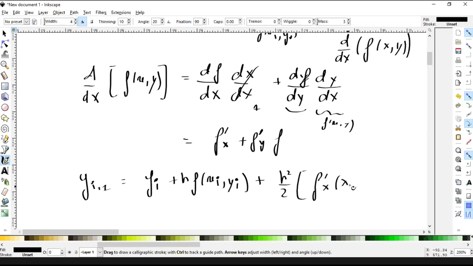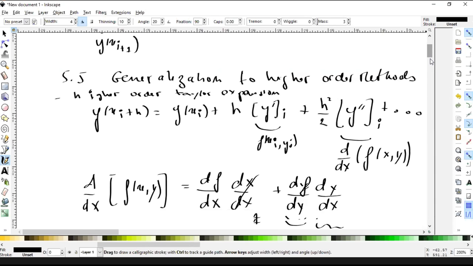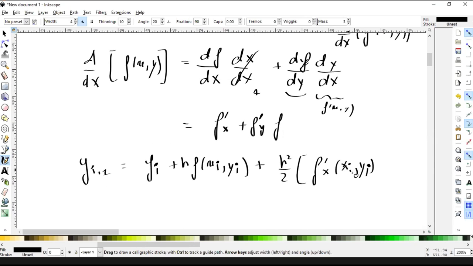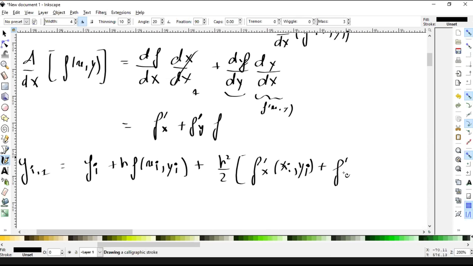Of course it depends on x_i y_i, because this is the second derivative here, on x_i y_i. So this is this function at the point x_i y_i plus f prime of y, at x_i y_i, which depends on f of x_i y_i.